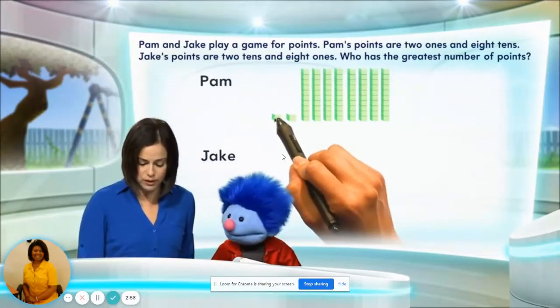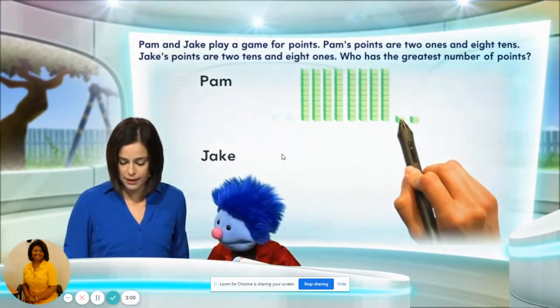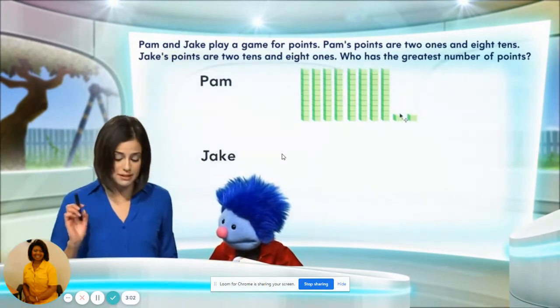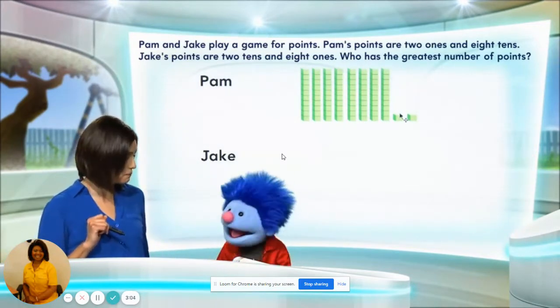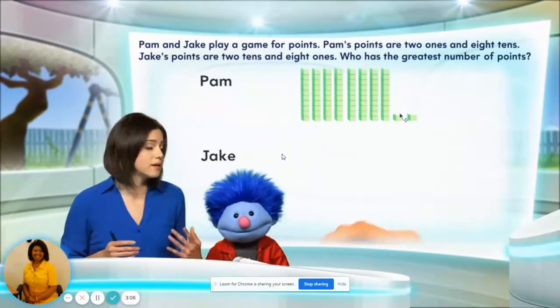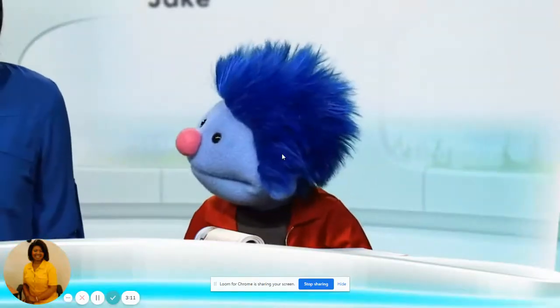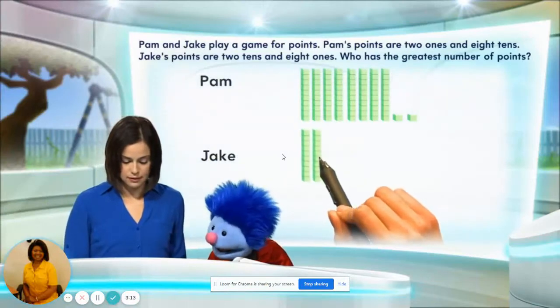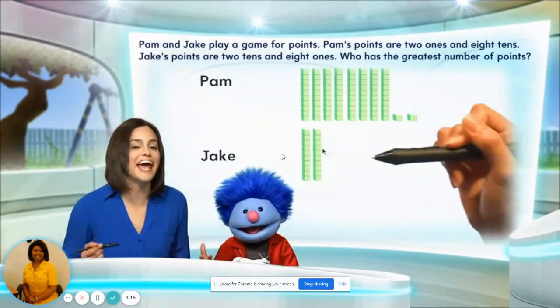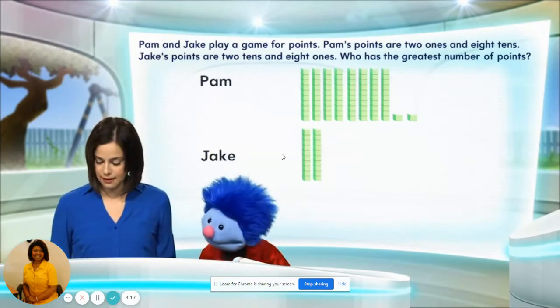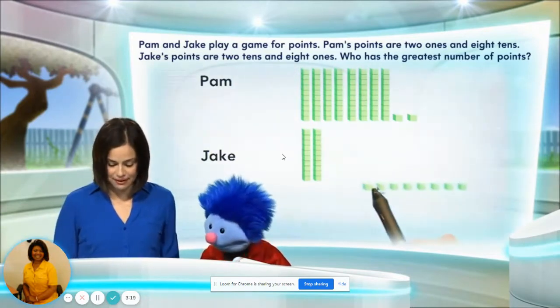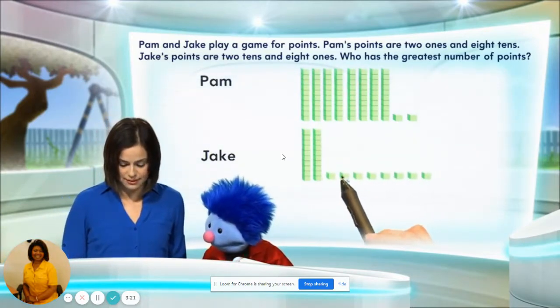So let's go ahead and rearrange this and write our ones or place our ones on that. Great. And Jake, if you remember, he had 2 tens. ta-da. Ta-da! And 8 ones. Excellent. And here we have 8 ones.